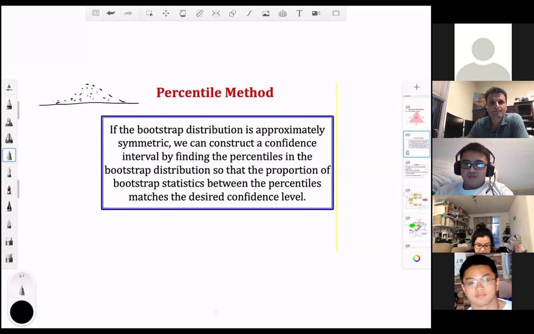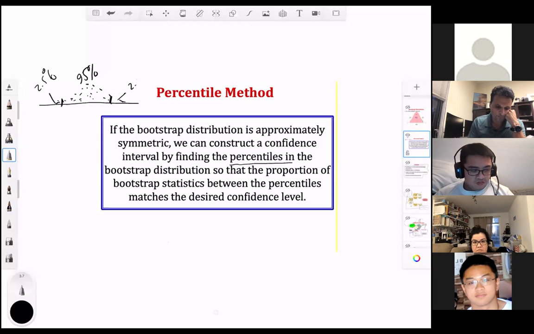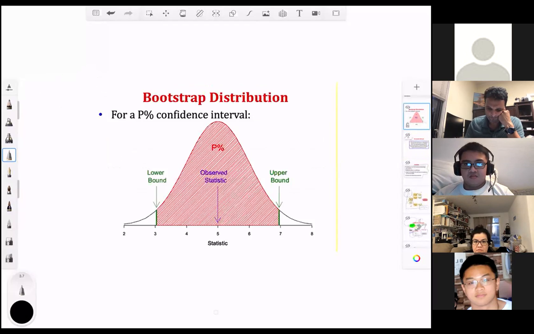We can construct a confidence interval by finding the percentiles in the Bootstrap distribution so that the proportion of Bootstrap statistics between the percentiles matches the desired confidence level. So if that's a 95% confidence interval, we have 5% left from 100%. So this part is going to be 2.5%, and that will be 2.5%. This is a better picture.